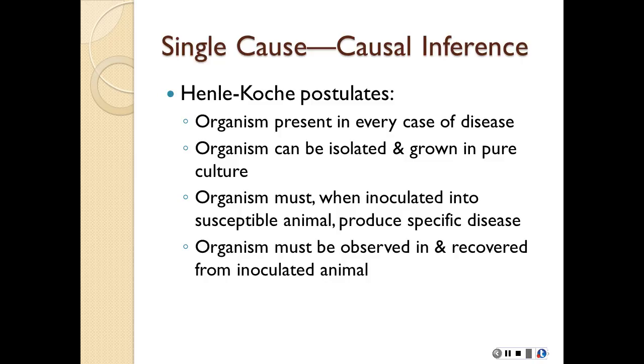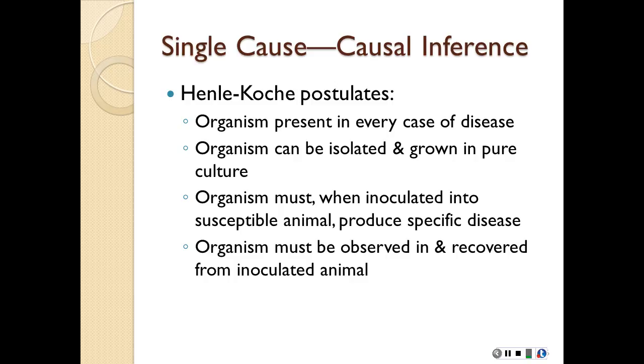So, when people first started talking about causal associations, they were really talking about whether a single thing causes another thing. Back when infectious disease was the most frequent cause of death, we found out about germ theory, and we started understanding that an organism could cause an illness.